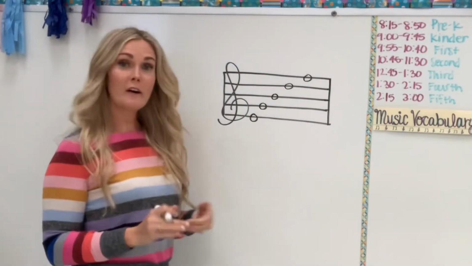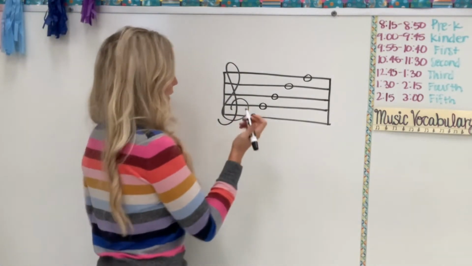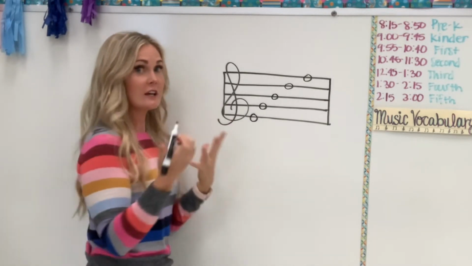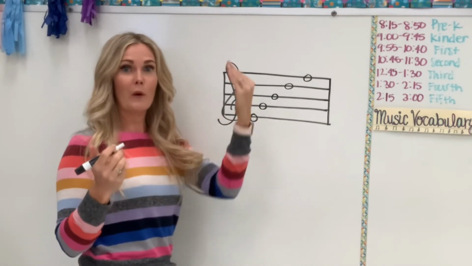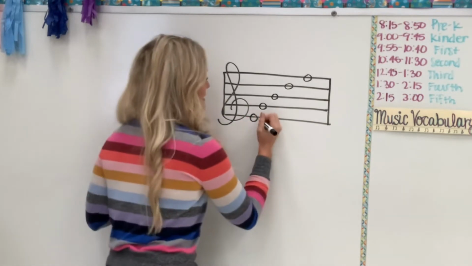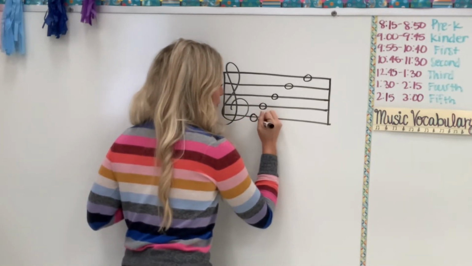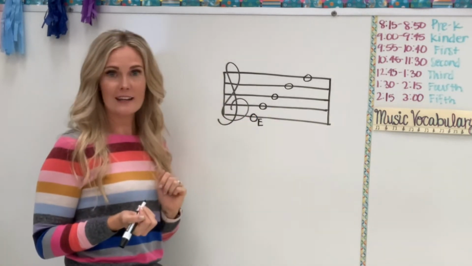And then our order of our notes, we're gonna write those letters again that we learned. So every good boy does fine. So by your bottom note, I want you to write the E for every.